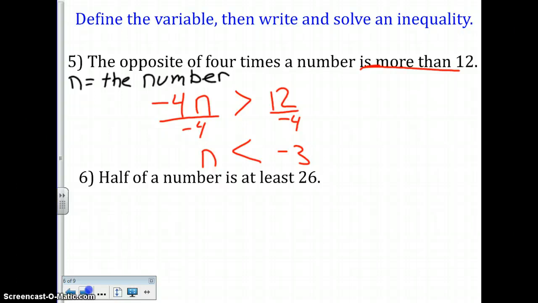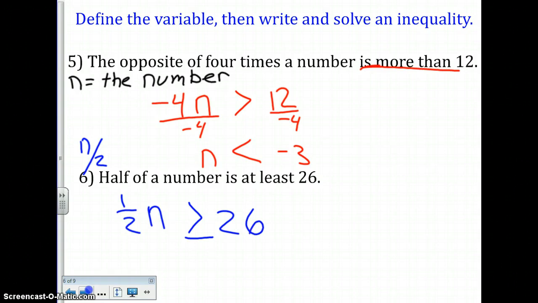On the next one, number 6, half of a number. Half n. Somebody might also write n divided by 2. Is at least 26. Okay, it needs to be at least 26. So that's going to be 26 or greater. Okay, or greater than or equal to in this case.